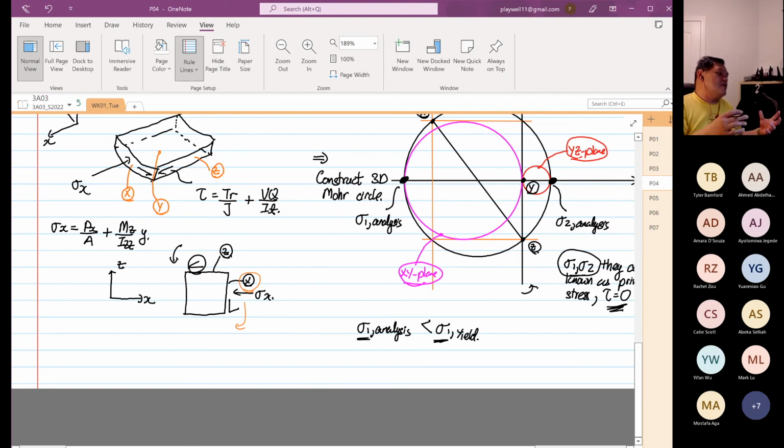So that is where you can normalize the direction of how the test has been carried out or how the structure has been loaded.